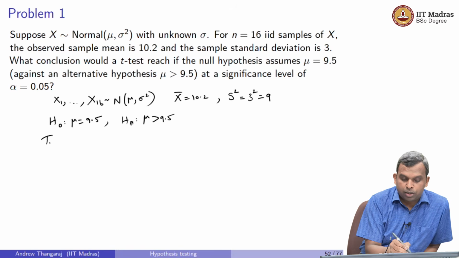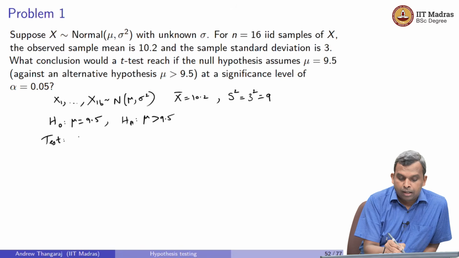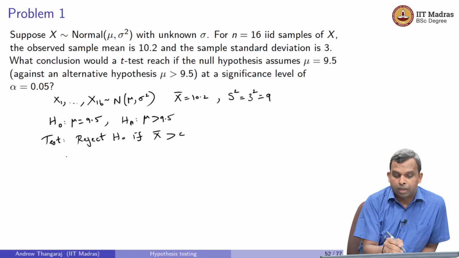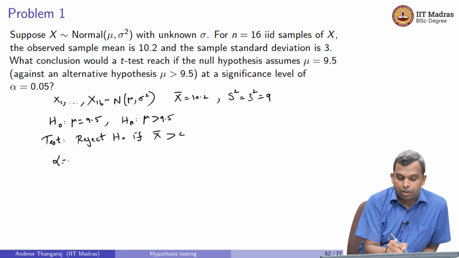So what is your test going to be? This is right-sided, isn't it? So you're going to reject h naught if x bar is greater than c. And what is your significance level alpha?